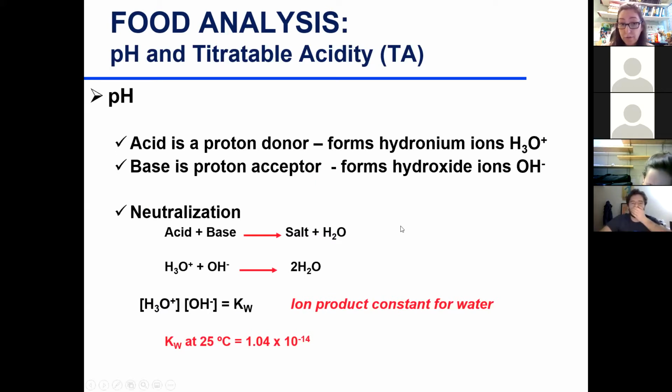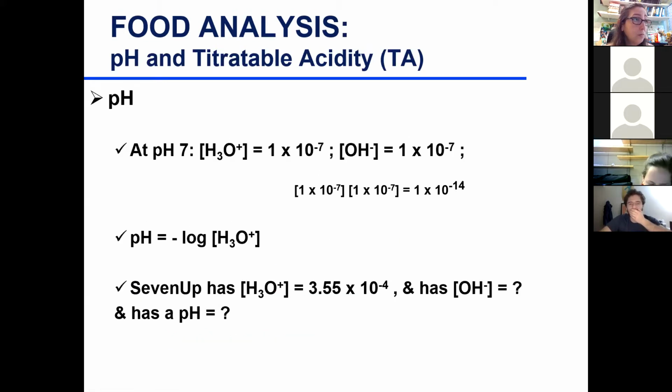And the span of pH is 1 to 14, right? So here's your pH 7. At pH 7, you have equal concentrations. The concentration of hydronium ion is 1 times 10 to the negative 7, and the concentration of OH minus is 1 times 10 to the negative 7.